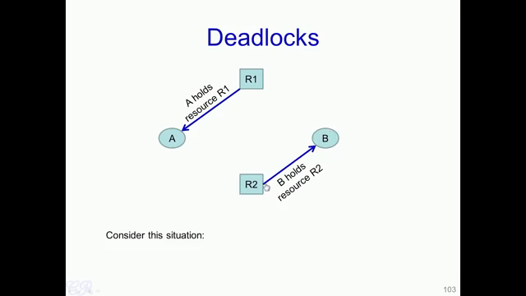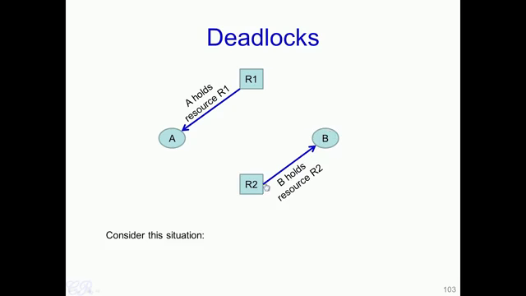Now, consider this particular scenario where the process A holds the resource R1 and process B holds the resource R2, but at the same time process A is requesting to use R2.